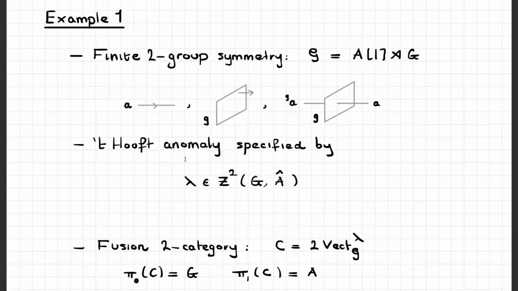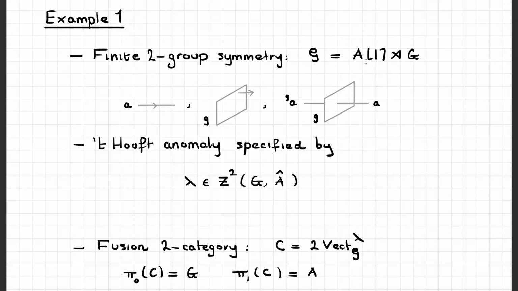Let me give you some examples. So again, let me do the finite case first, and then I'll move on. When you're in 3D, it's slightly more natural in the invertible case to look at a finite two group. I'll assume that there are two pieces. There's a zero form symmetry, G, which is a finite group.